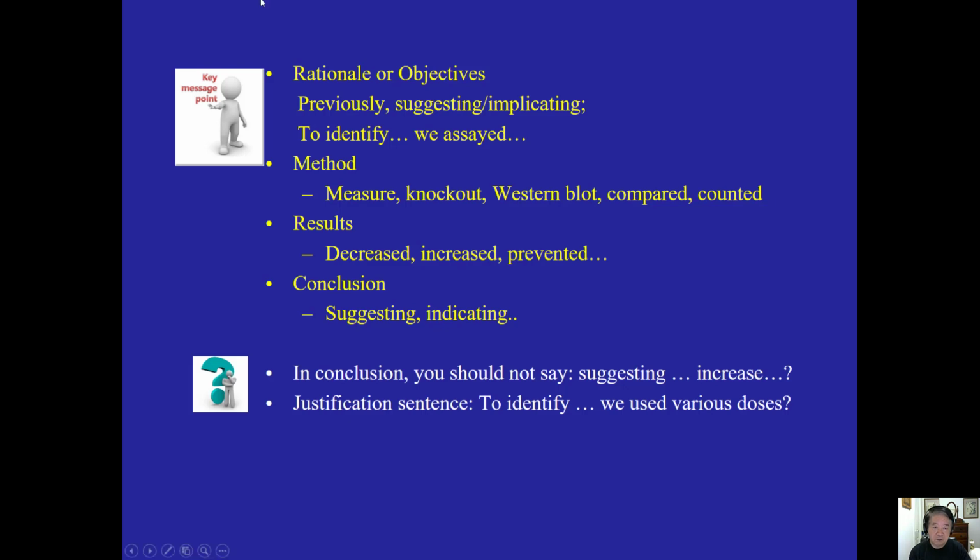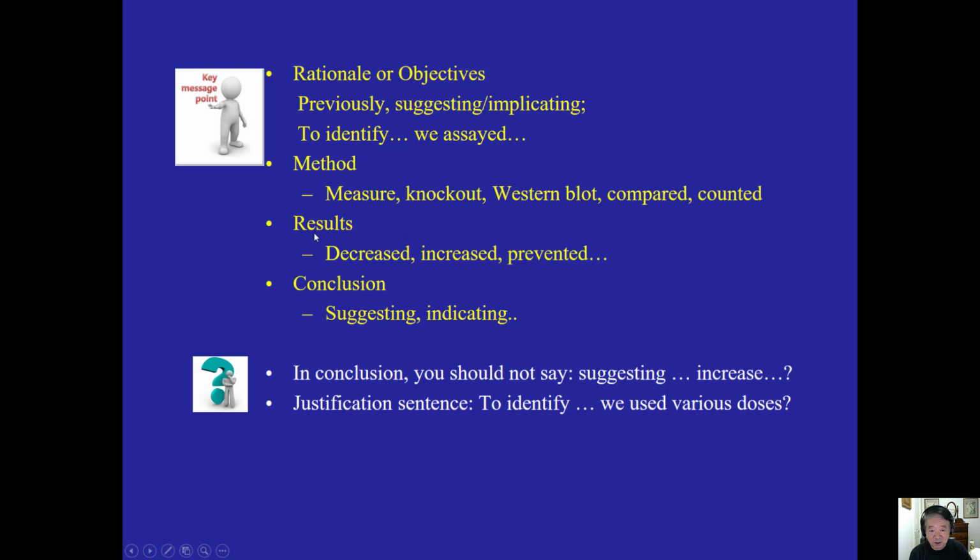In this paragraph, you have rationale or have the aim or objectives. If you say rationale, you can say previous study and previous some data suggests or implicating. Or you use objective way to say it. You say to identify that we said this. Then the second point is to talk about a little bit of method. It's measured or use knockout mice or Western blot. You can compare. Those are common words used in the method section.